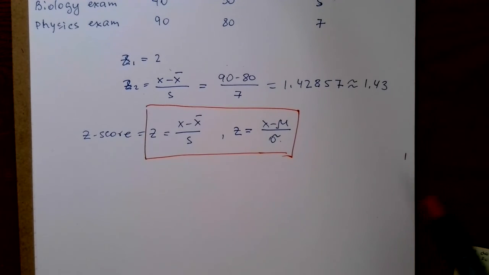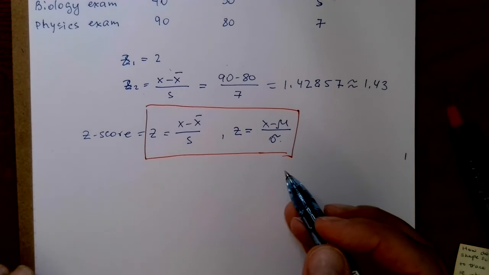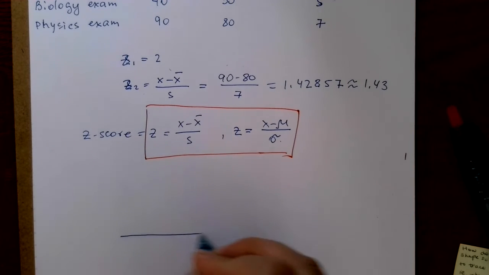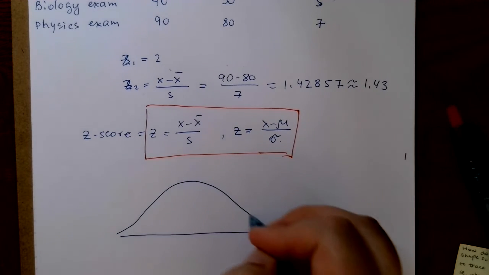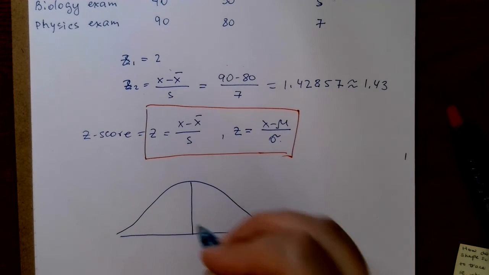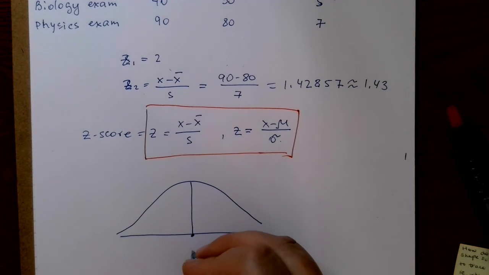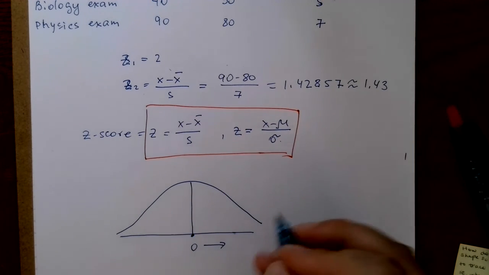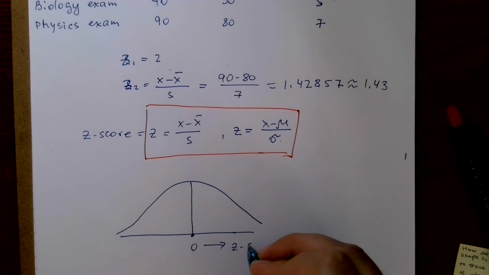One more thing on the z-scores. So when you have your normal distribution, the center, the mean, has a z-score of 0. And when you go above the mean, z-scores are positive.